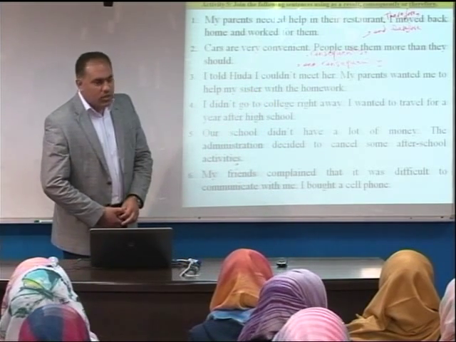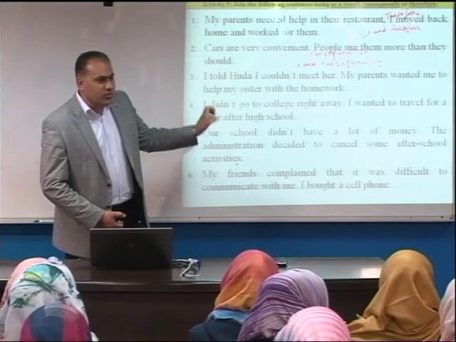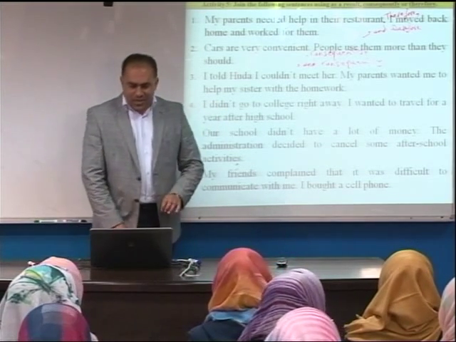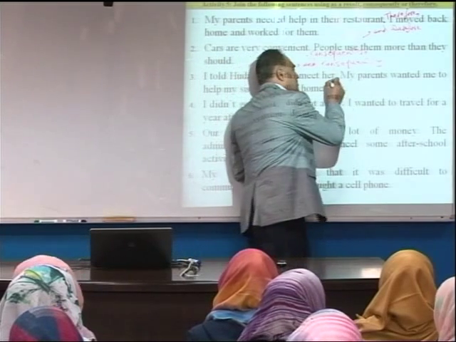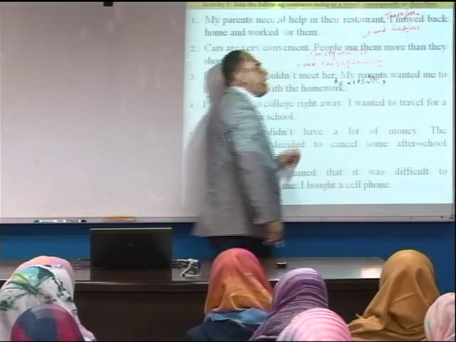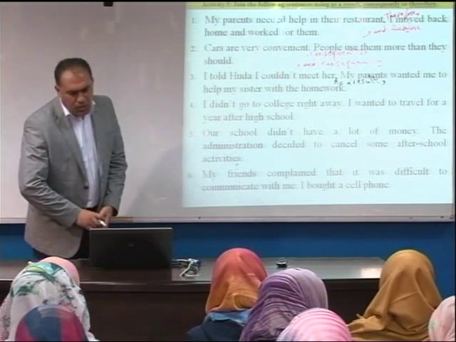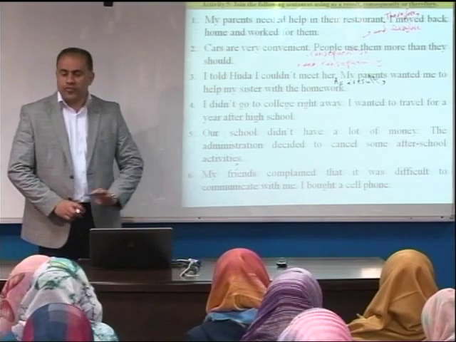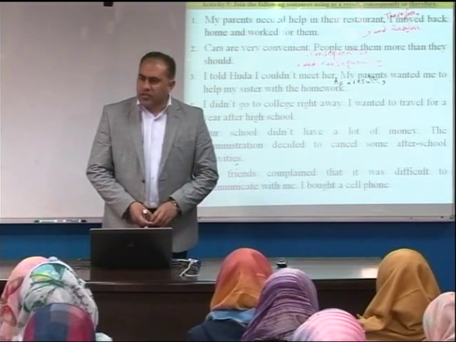I told her that I couldn't meet her as a result. My parents wanted me to help my sister with her homework. Alright, number 4. I didn't go to college right away.